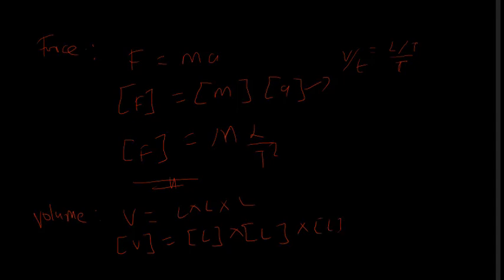Therefore, the dimensions of volume will just be given by capital letter L multiplied by L by L. So this will just be L cubed. And we could go on and on looking at different examples. So this is how we denote dimensions of a derived physical quantity.